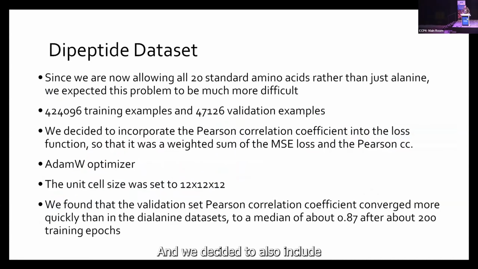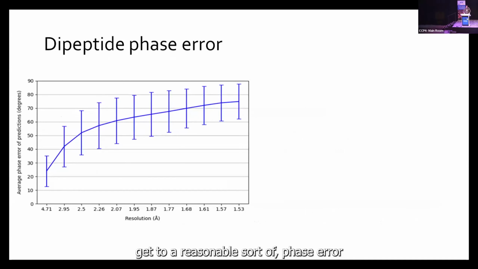We also decided to include the Pearson correlation coefficient as part of the loss function, just to see if that helped improve our training. And we found that indeed we could get to a reasonable phase error over time.